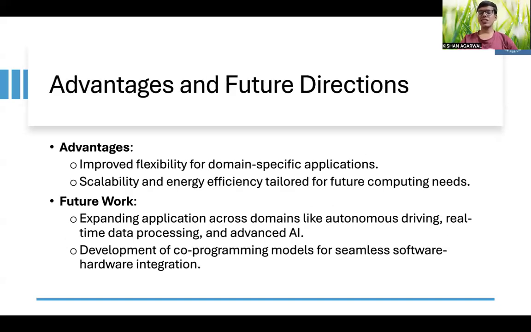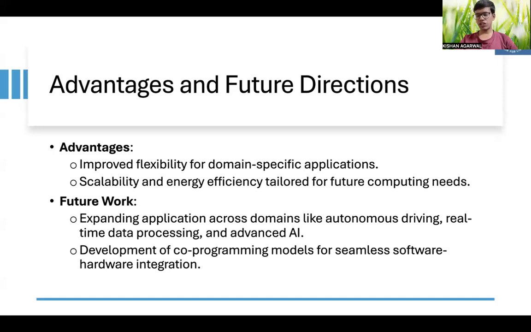So what are the advantages of using these data-oriented architectures, and what is the future work which we can implement using this? Improved flexibility for domain-specific applications, such as we have discussed. This type of architecture is designed based on the domain which we are going to use, such as AI, IoT, big data, or any other field or domain, so that the data generated will be calculated according to the domain which we are going to specify.